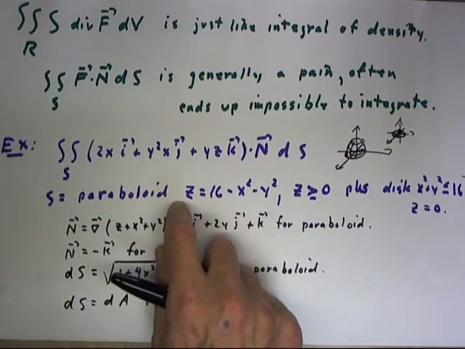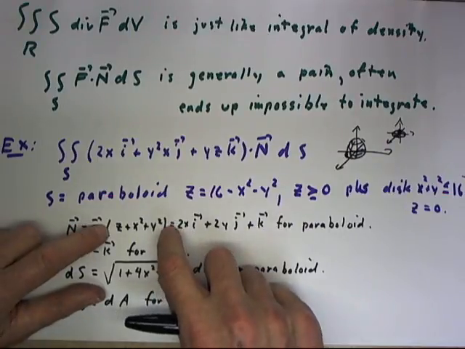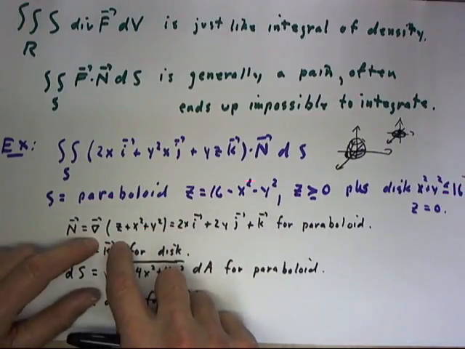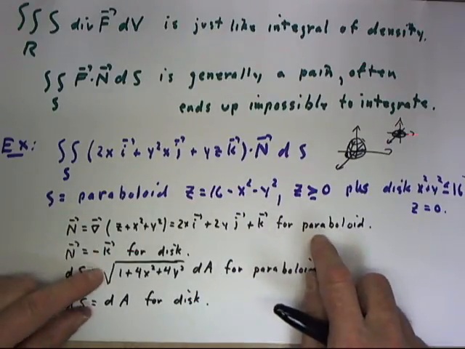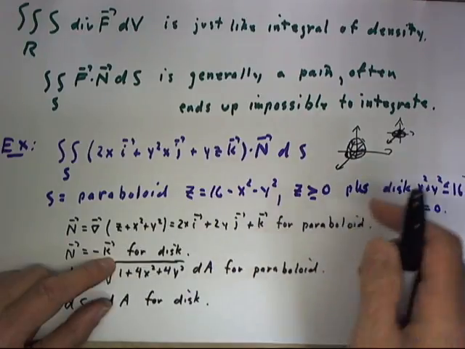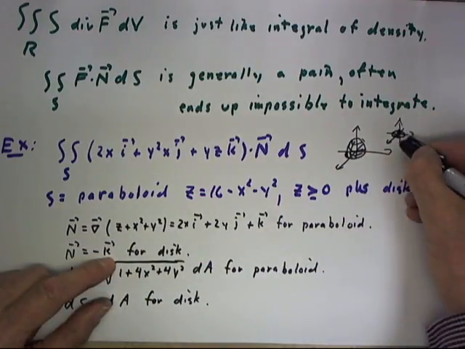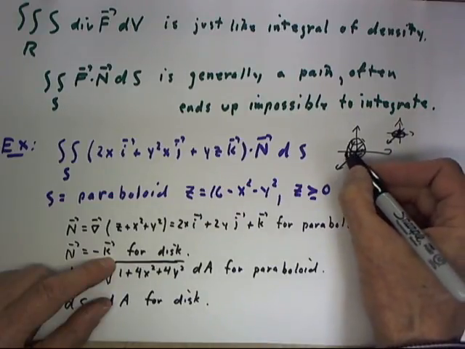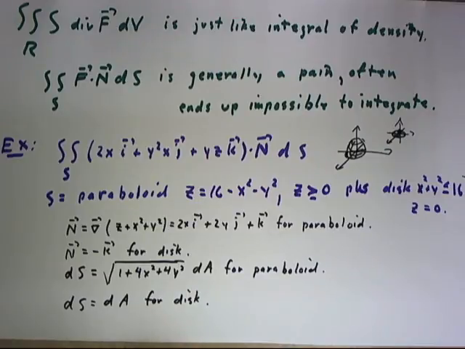We get x squared plus y squared plus z equals 16, making this a level curve of z plus x squared plus y squared. So the normal vector is this. That's the normal vector for the paraboloid. For the disk, it's easier. The normal vector to the disk, which lies in the xy plane, is either k or negative k, and it's negative k that points out of this region, so the normal vector will be negative k.